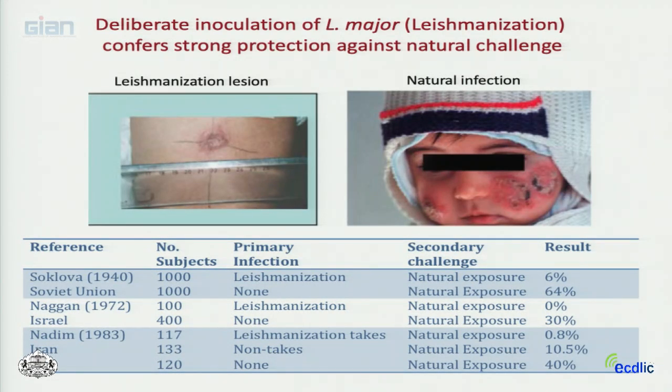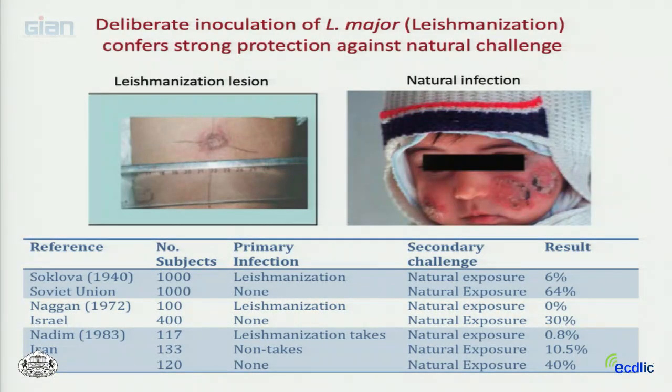And this was a highly endemic area for Leishmania major transmission. After a natural exposure, I think the follow-up was 1 or 2 years, 6% of the Leishmanized group developed cutaneous leishmaniasis, 64% of the control group. So a lot of transmission going on in this area, but fantastic protection.